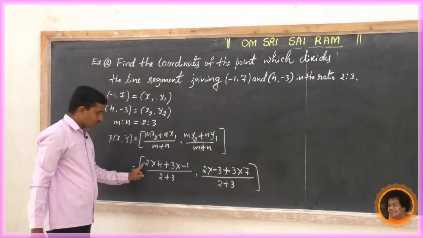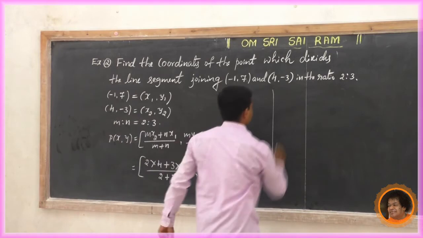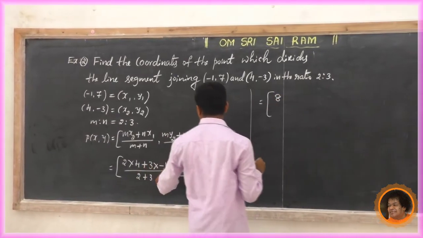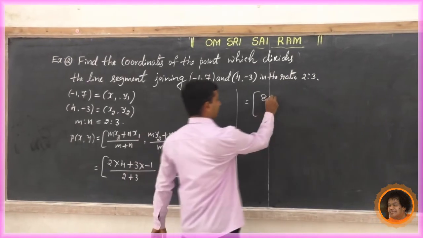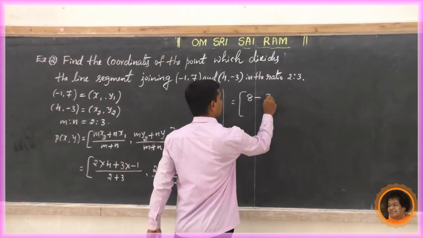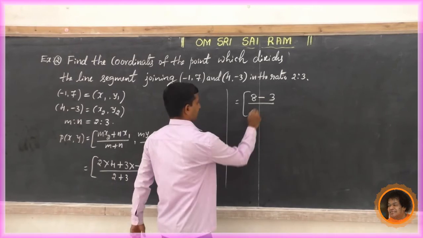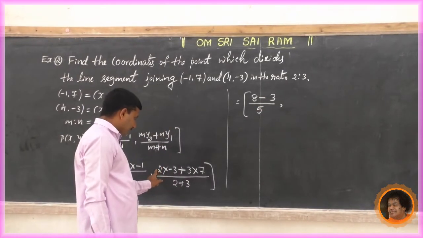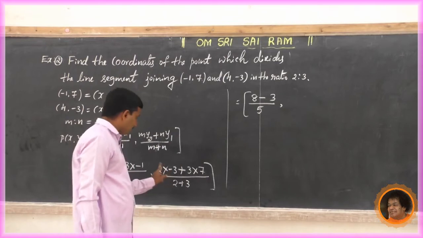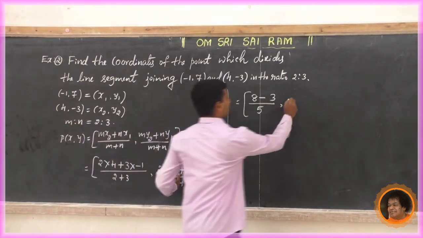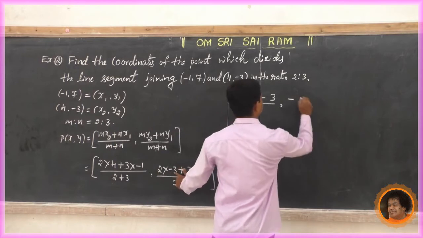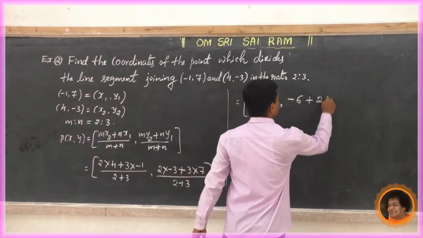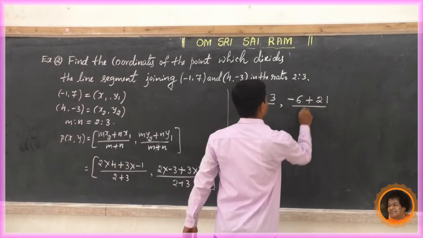Now simplify. So 2 into 4, that is 8, plus into minus, remember, plus into minus is minus, 3 into 1, 3, divided by 2 plus 3, 5. Here plus sign, here minus sign, plus into minus, minus 2 into 3, 6, plus 3 into 7, 21, divided by 5.